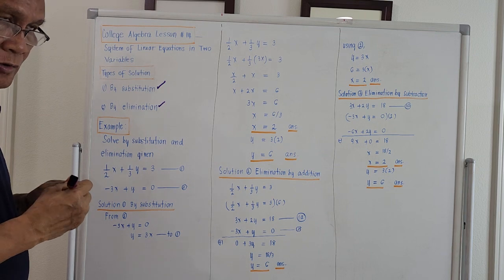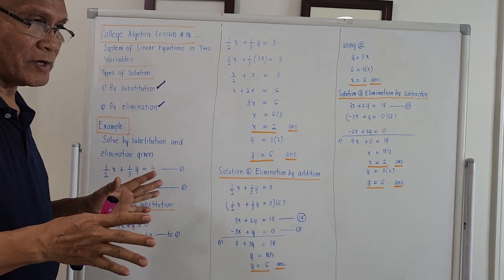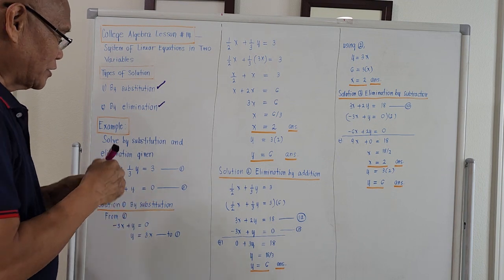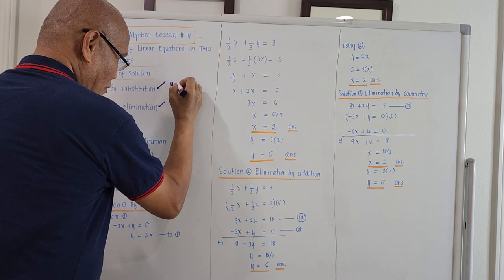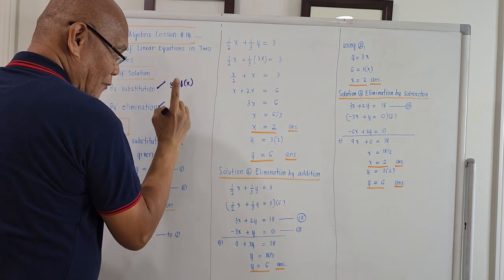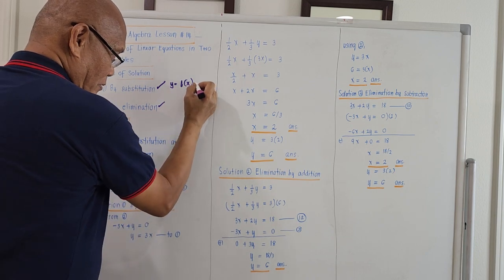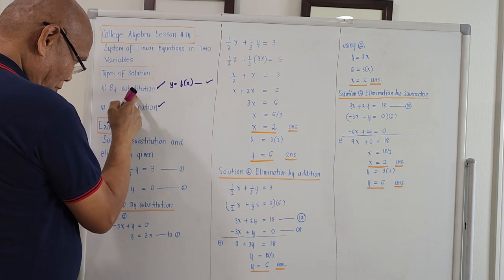For the solution by substitution, it will be only one: you solve y as a function of x from one of the equations, then put it into the next equation. That is the so-called solution by substitution.